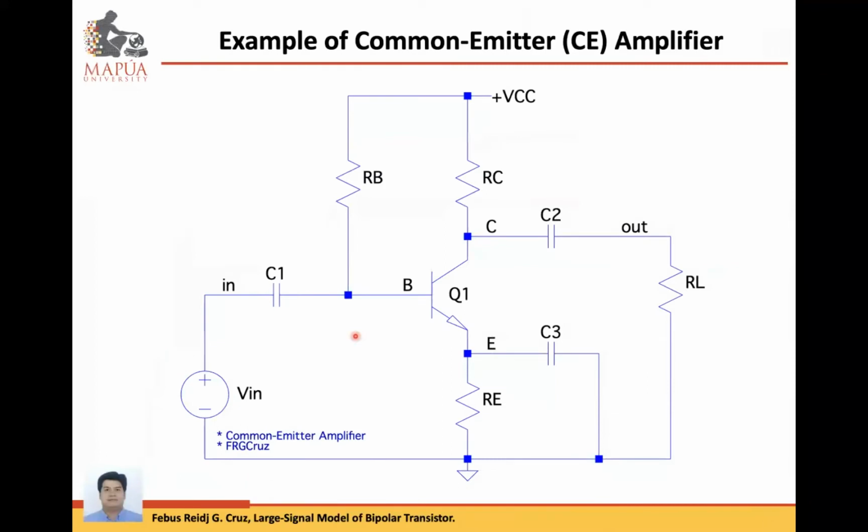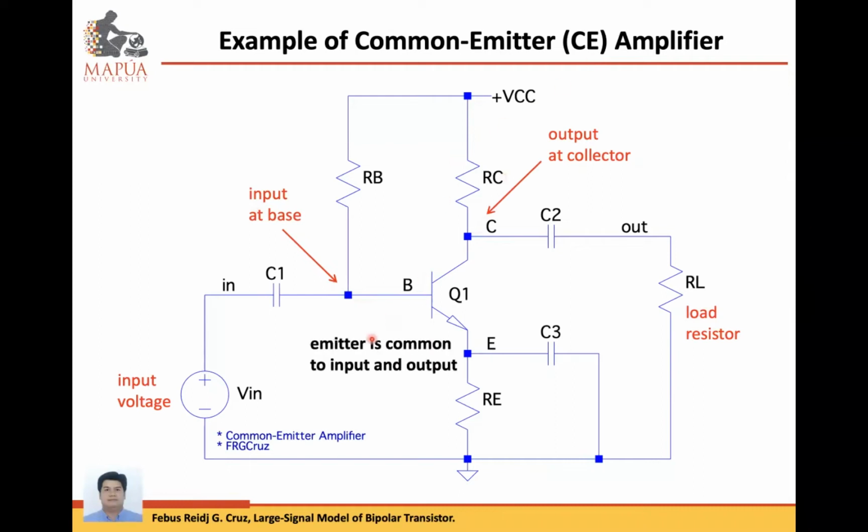Here is an example of our common-emitter amplifier circuit, denoted by the input voltage connected at the base terminal, and we have a load resistor connected at the collector. When you have an amplifier circuit where the input is connected at the base and the output is taken from the collector, that makes it a common-emitter amplifier.